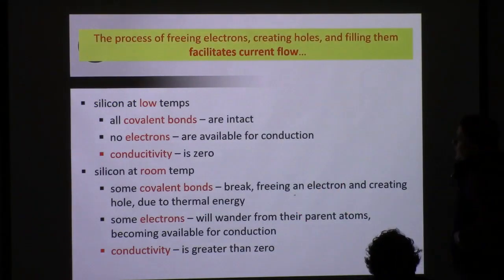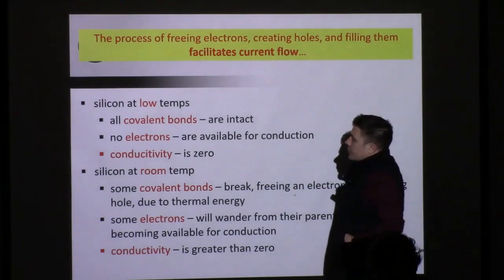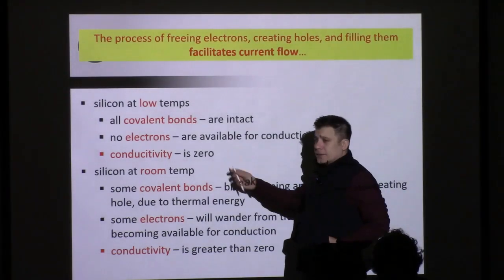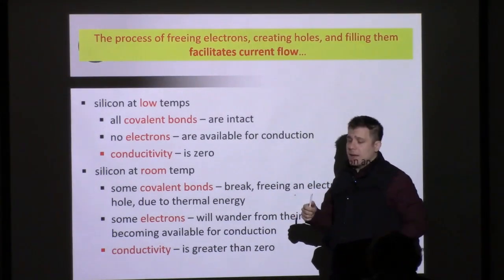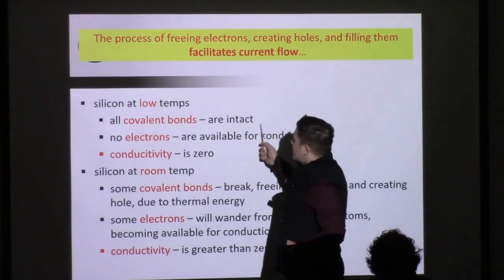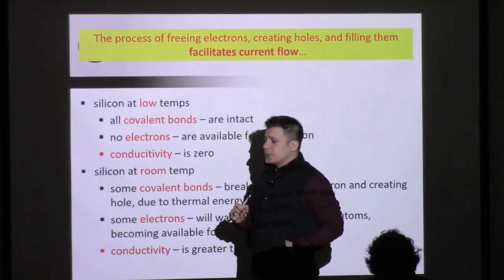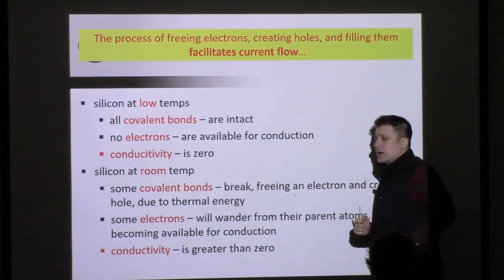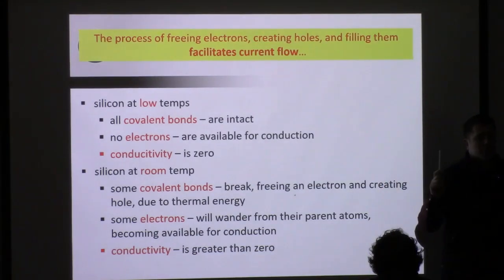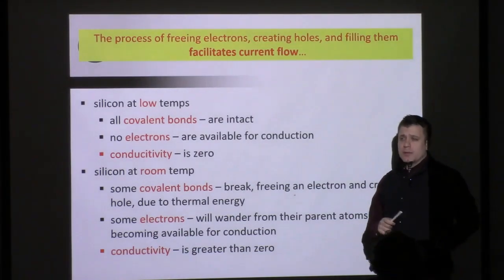Now, silicon at low temperatures is not very conductive, right? At absolute zero, it would theoretically not conduct any electricity. And that's because at low temperatures, all of those covalent bonds will remain intact and no electrons will be available for conduction. What happens when you increase temperature a little bit and get to room temperature?